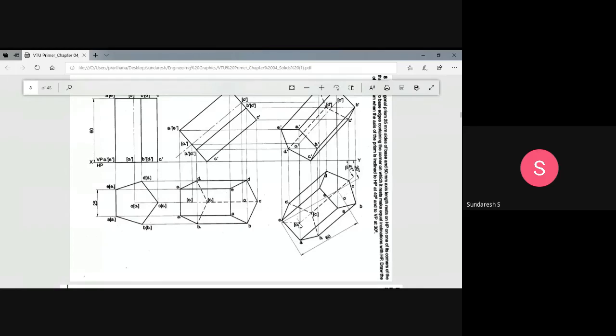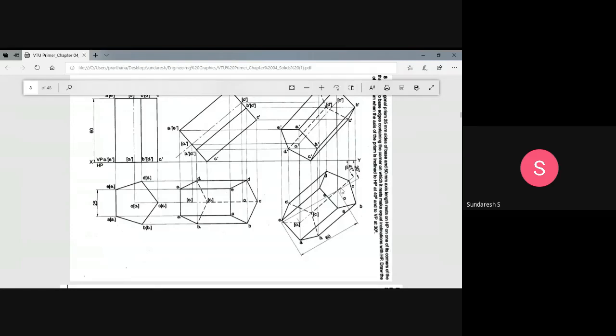Where that arc cuts the 30-degree line, join O to O1 and then project it back towards the XY line to measure the angle. That angle is what we call the beta angle. In this particular problem, the beta angle should come to 41 degrees. So this is the construction of the beta angle.